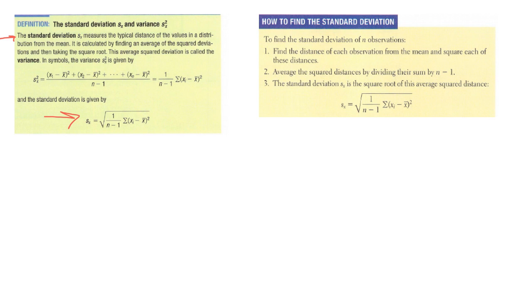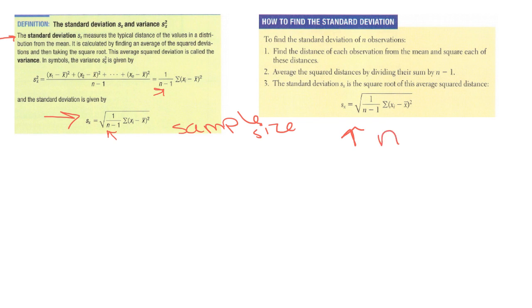When I look at these formulas, I notice that I'm dividing by my sample size minus 1. But my sample size is still in my denominator. It's in the bottom of my fraction.